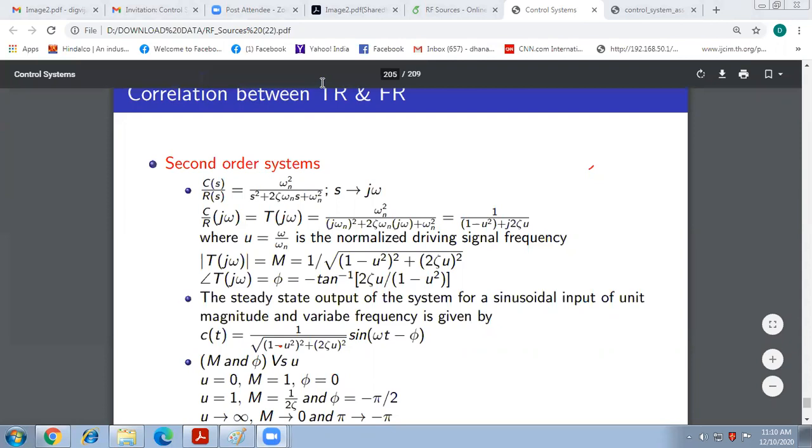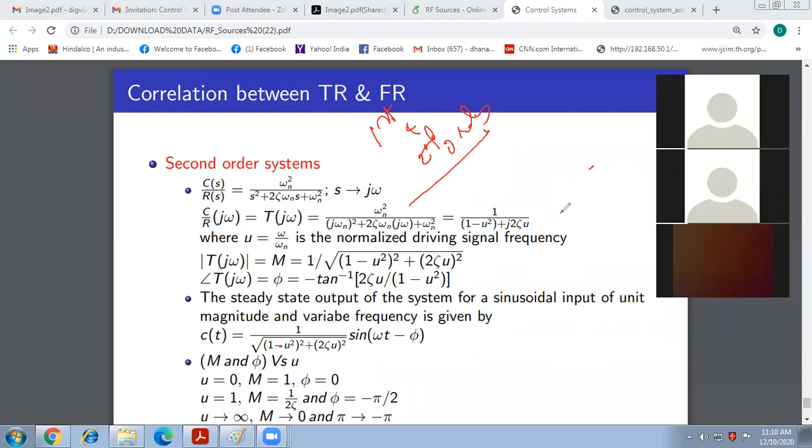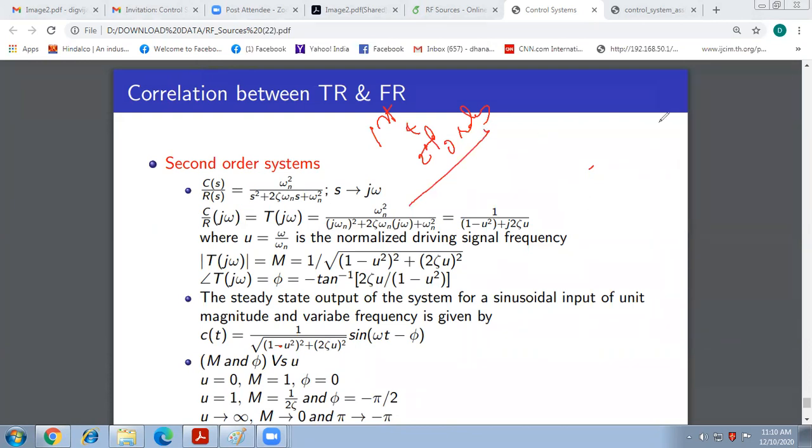We will see that this correlation between the time response and the frequency response is possible for first and second order systems only. Moreover, in second order systems, the correlation is valid under some limit on damping zeta.